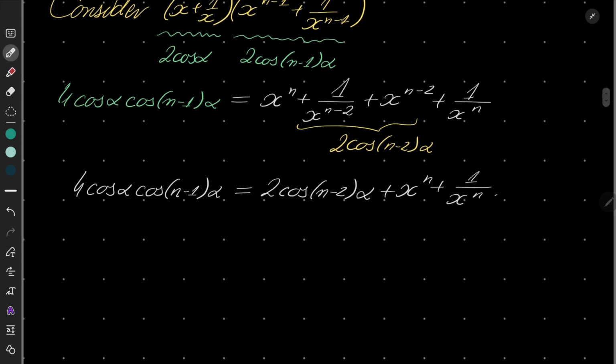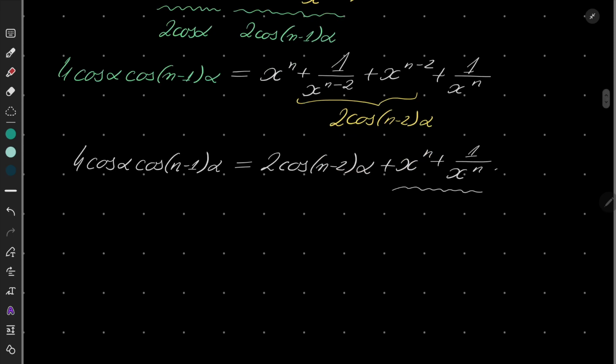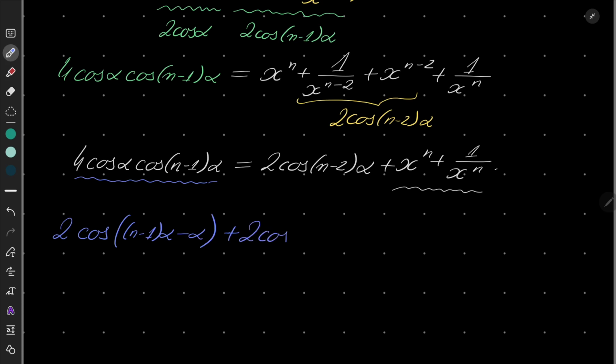Okay. This part will stay the same, and now, using the formula which I suggested at the beginning of this video, this can be written as 2 cosine of n minus 1 times alpha minus alpha plus 2 times cosine of n minus 1 times alpha plus alpha.